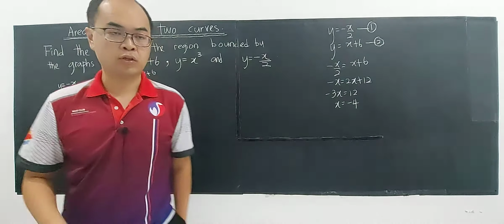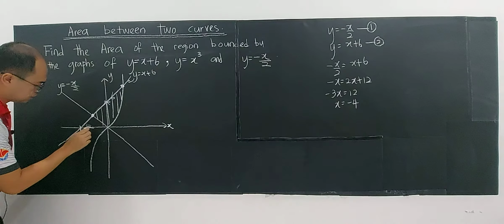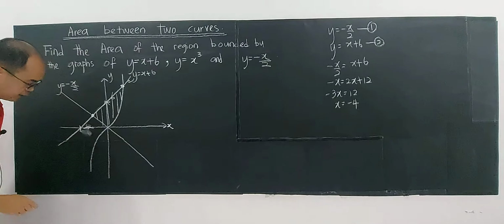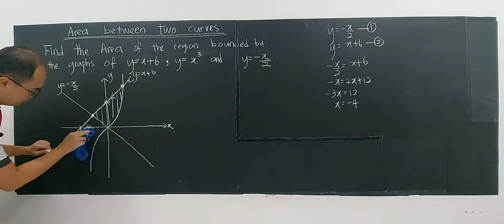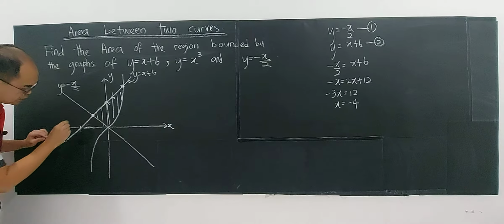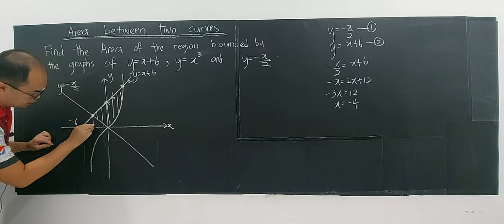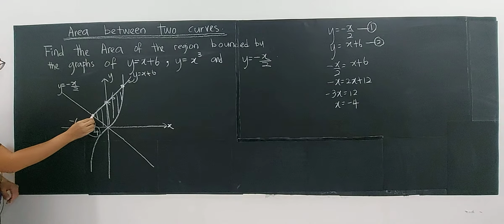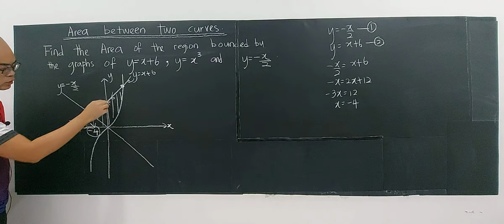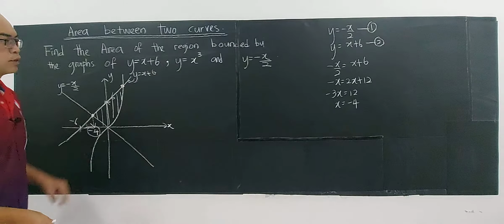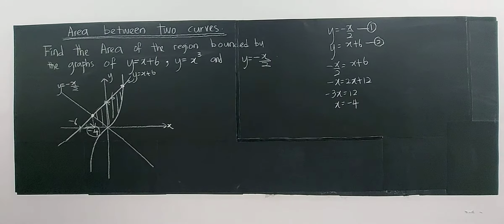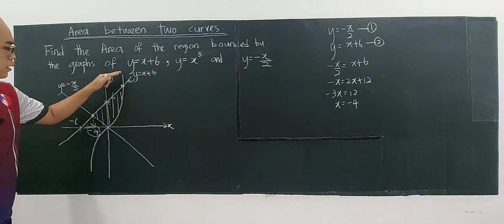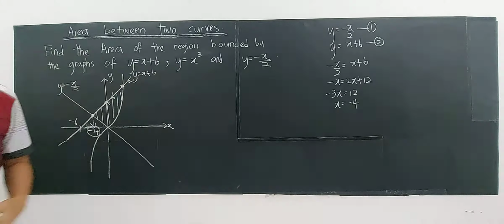So we know that this value here is negative 6, but the more important value is negative 4. Now we have to solve a simultaneous equation between the curve and the line.